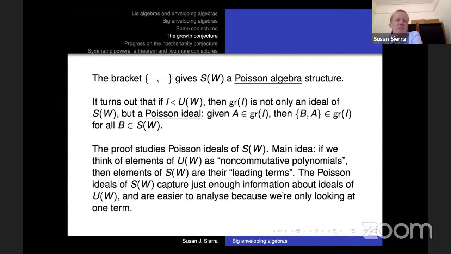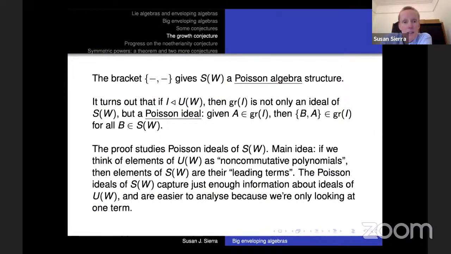If you think of an element of U of W as a non-commutative polynomial, then elements of S of W are sort of their leading terms through this gr map. And it turns out that the Poisson ideals of S of W capture just enough information about ideals of U of W, and they're easier to analyze because we're only looking at one term. So that's all I really want to say about the growth conjecture. I don't want to go into any more of the proof.